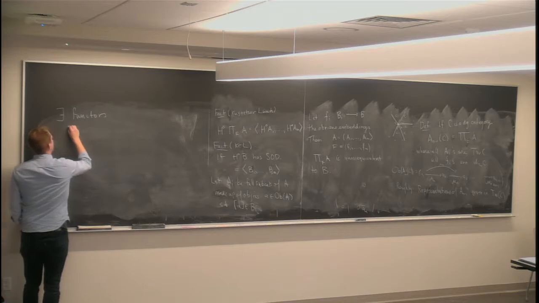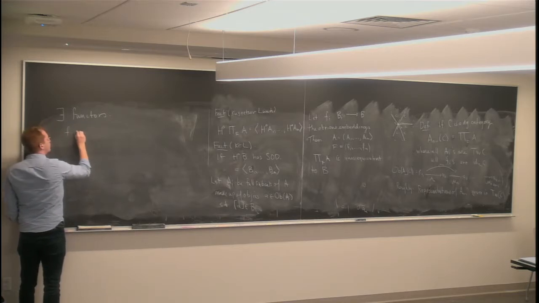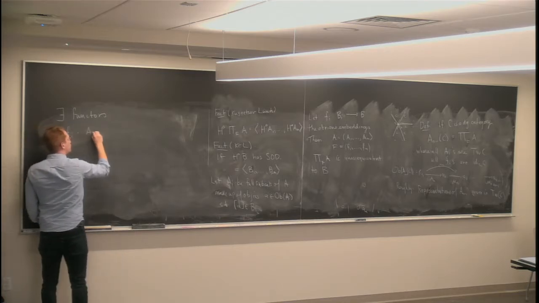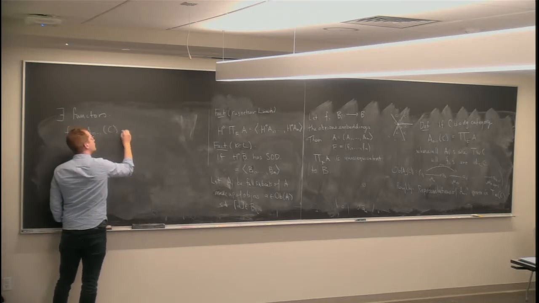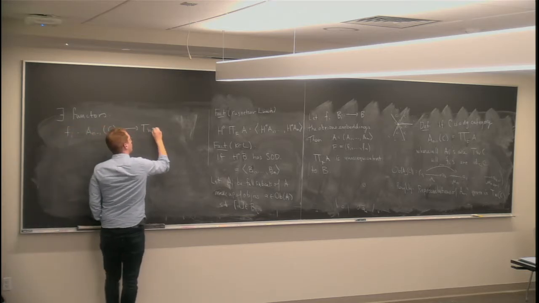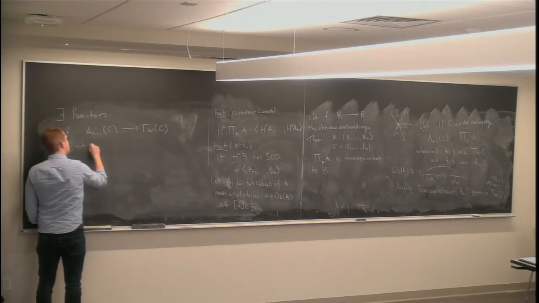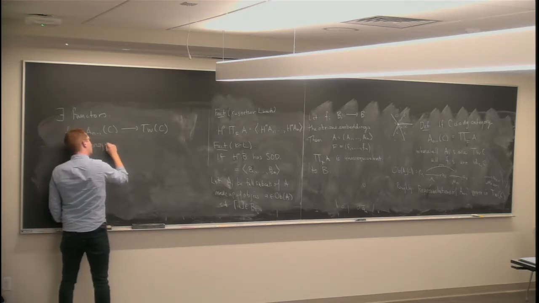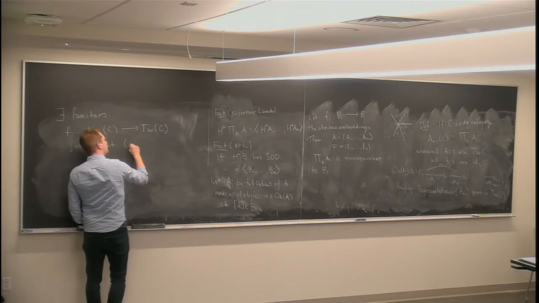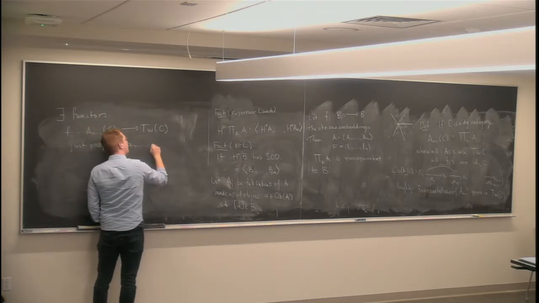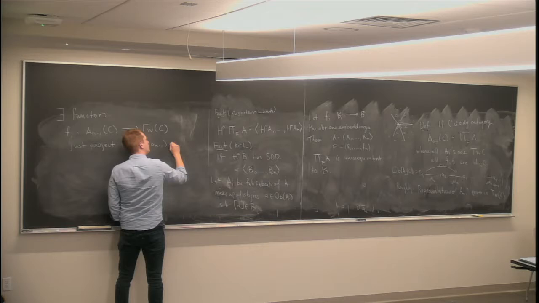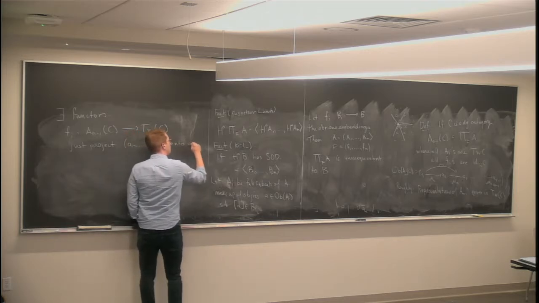So there are certainly functors F_i going from A_{n-1}(C), twisted complexes over C, which just project the object A_1 through A_{n-1} onto A_i.